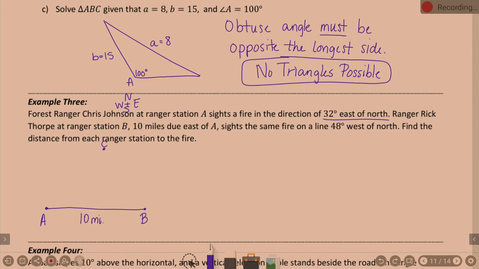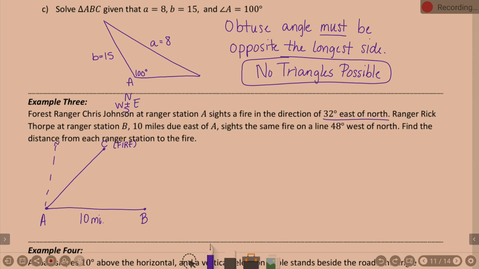You draw a fire. I'm going to call it C or fire. Now, the idea, 32 degrees east of north. Okay, north is on paper directly up, yes?